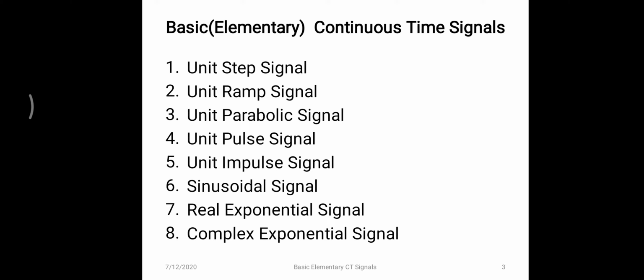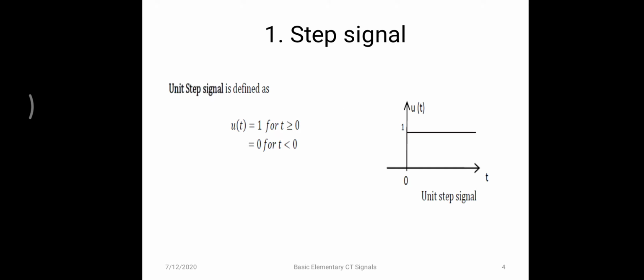Here I listed nearly 8 signals. Now we are going to see what a unit step is, what the mathematical expression of a unit step is, and what its graphical representation is. The first signal is the unit step signal. The step signal is expressed as u of t.